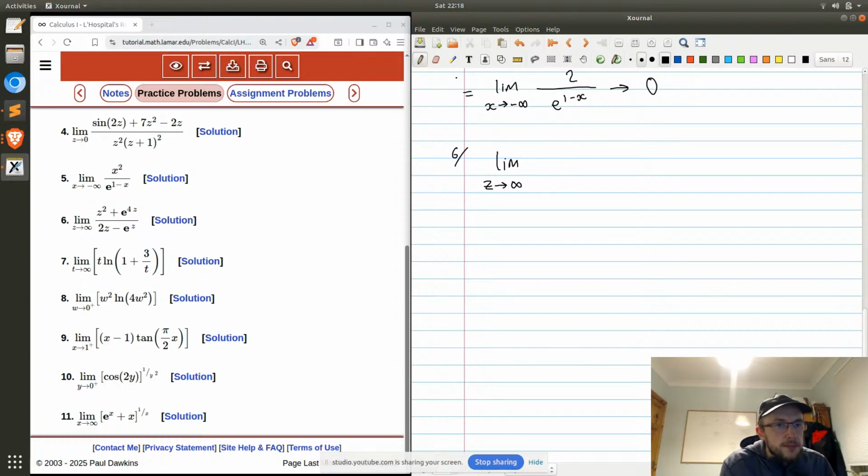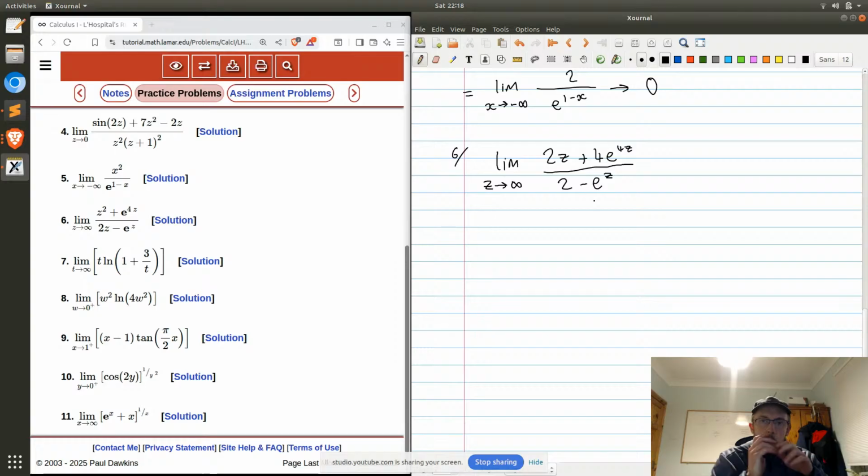And that's good. So, differentiating now on the top and the bottom. First, yes, okay. So 2z plus 4e to the 4z all over 2 minus e to the z.